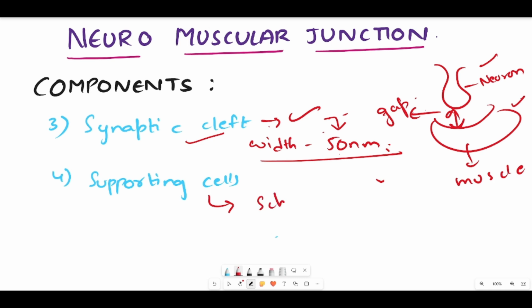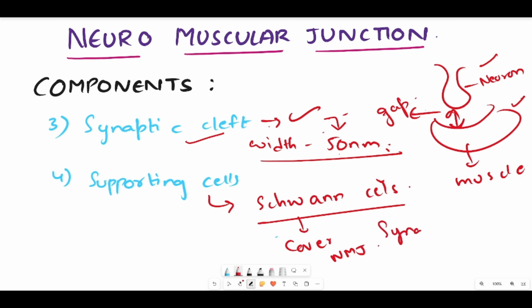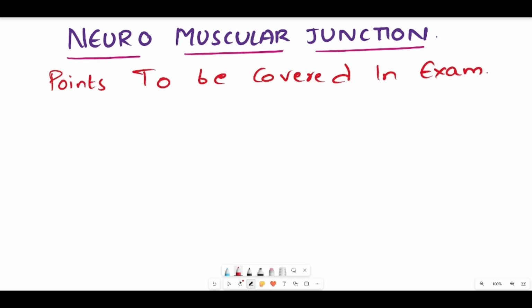Here the supporting cells are the Schwann cells. These Schwann cells are useful for covering the neuromuscular junction, and they are also useful for maintaining the synaptic environment. Let me just summarize the points to be covered in the exam.